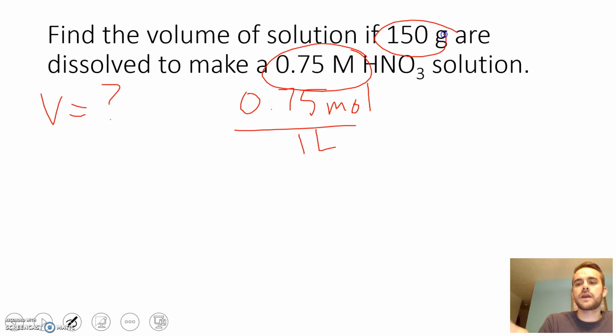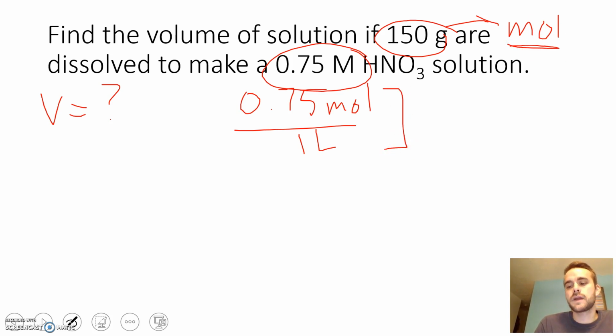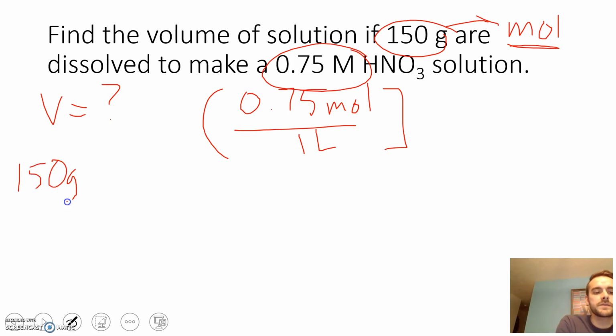I know that I can get moles from grams, so I'm going to use these 2 things to cancel out moles and to get liters, because this conversion factor right here will let me change between moles and liters. Okay, so let's start. I'm going to take my 150 grams, put that over 1, and go ahead and convert that to moles.